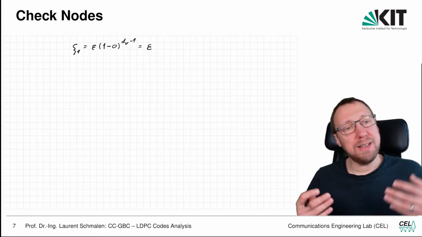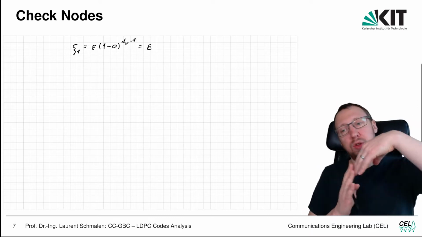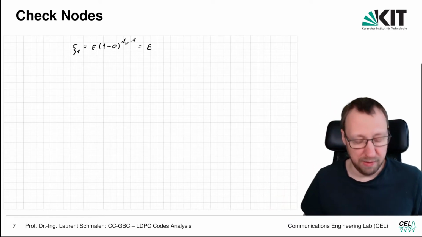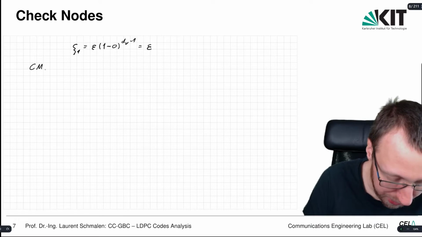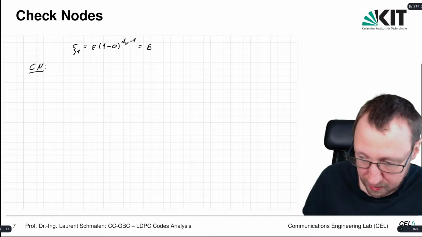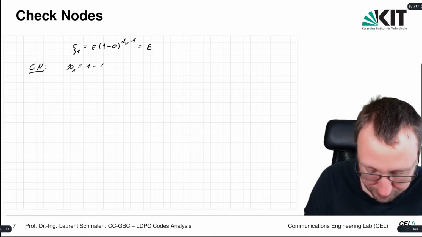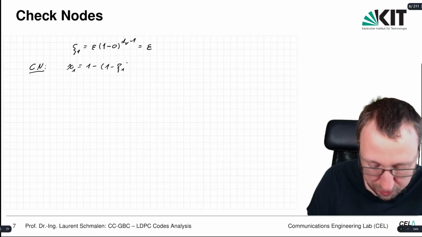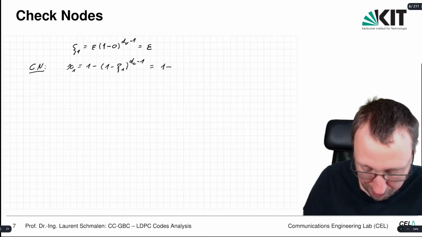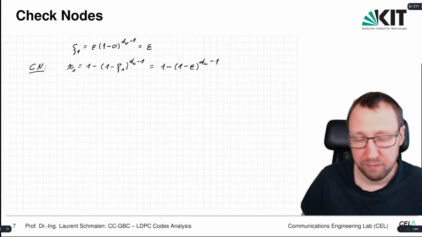So xi1 is the probability of the messages that we send from the variable node towards the check nodes just after receiving them. They are erased with probability epsilon. Then we execute the check nodes for the first time. So chi1 is equal to 1 minus (1 minus xi1) to the power dc-1. So this is equal to 1 minus (1 minus epsilon) to the power dc-1.